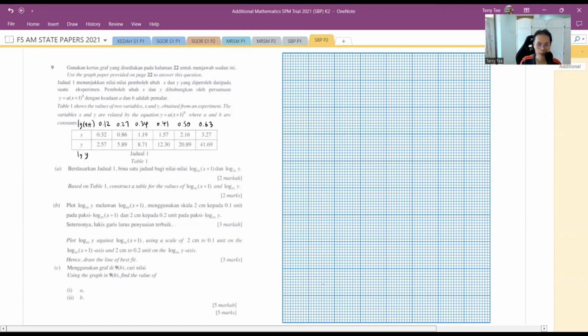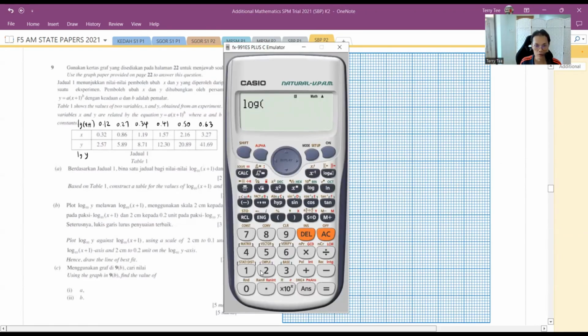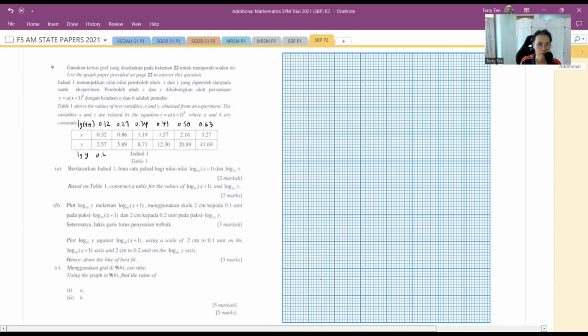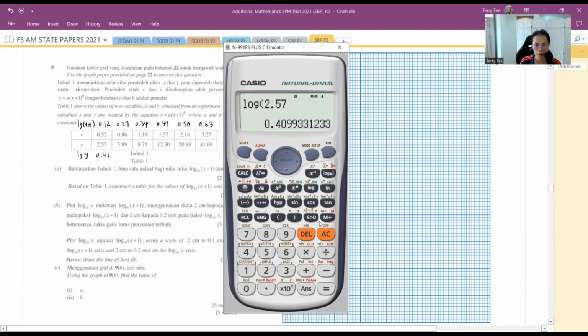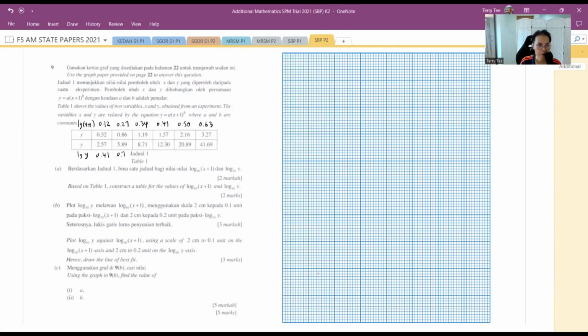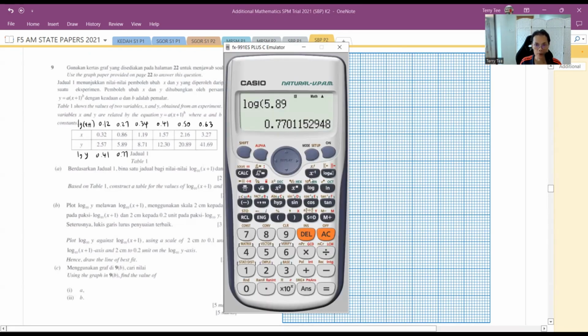Let's do our log y. Let's start off with log 2.57, I got 0.41. Two decimal points will do, I don't have to put too many. Next one is log 5.89, I got 0.77. Log 8.71, 0.94.